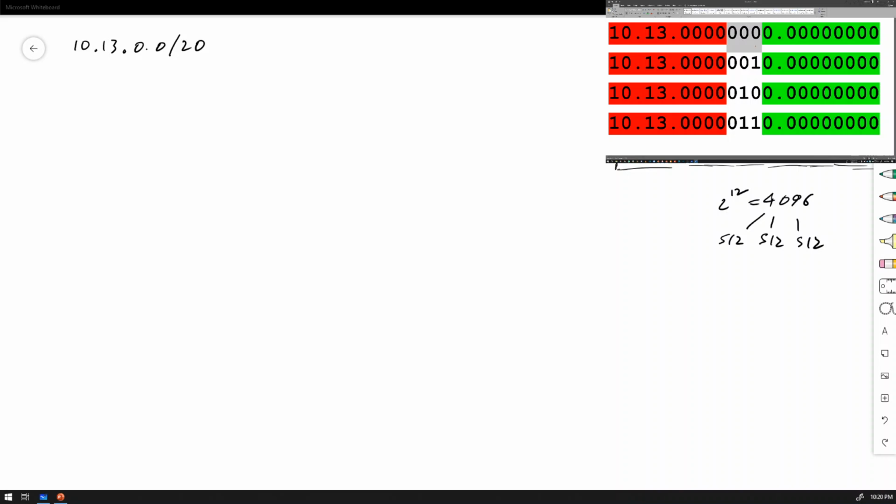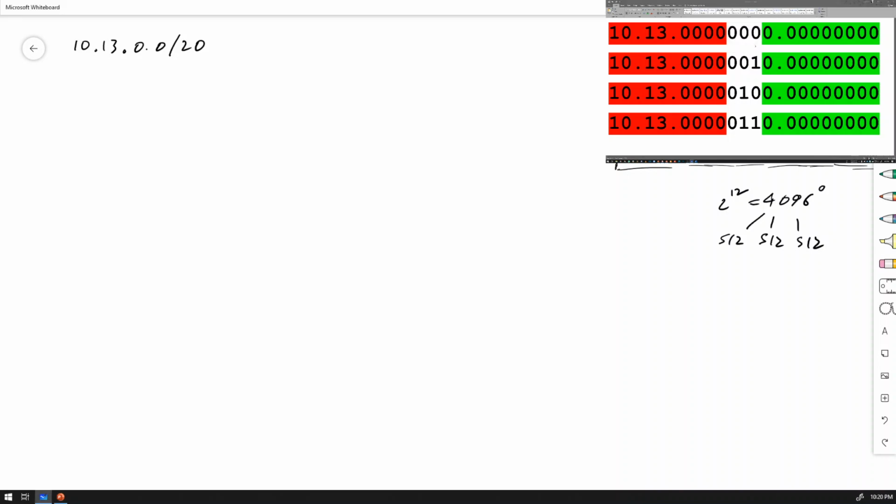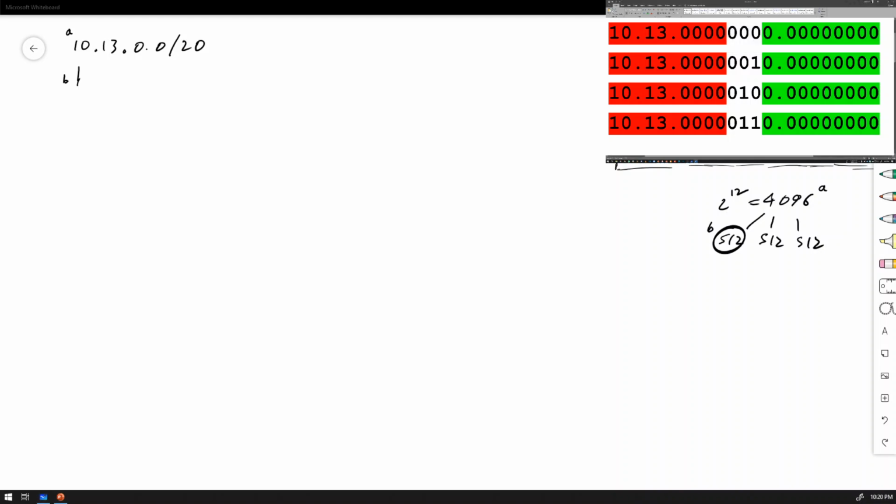So like usual, I'm going to mark these, like this is A, so this is A as well. And from A, I'm going to bring out the first combination. So this is B, right? I'm bringing out B from here. And the first combination from the top right corner, as you can see, is all zeros.